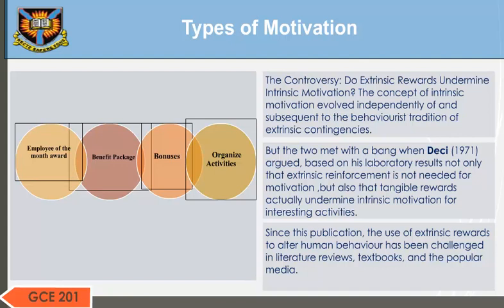The concept of intrinsic motivation evolved independently of and subsequent to the behaviorist tradition of extrinsic contingencies. But the two meet with a bang when Deci, 1971, argued, based on his laboratory results, not only that extrinsic reinforcement is not needed for motivation, but also that tangible rewards actually undermine intrinsic motivation for interesting activities.